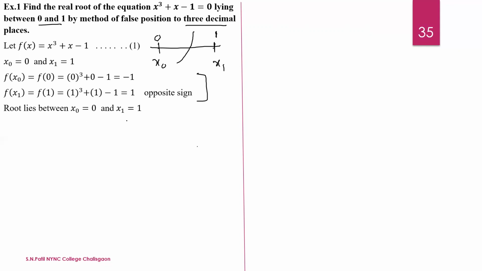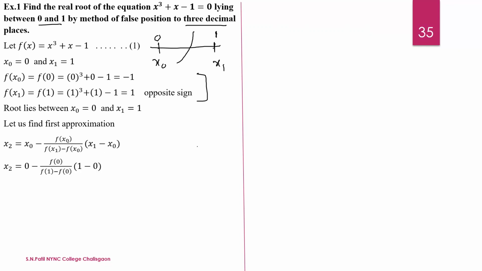Now the first approximation is x2 equal to x naught minus f of x naught divided by f of x1 minus f of x naught, into x1 minus x naught in the numerator. Now put the value x naught is 0, x1 is 1, substitute here. What is the value of f of 0?